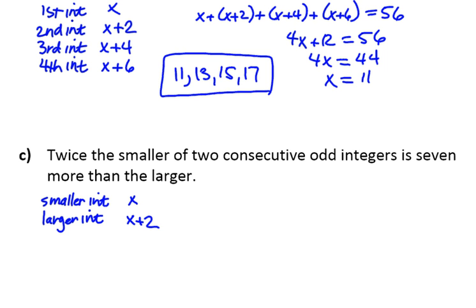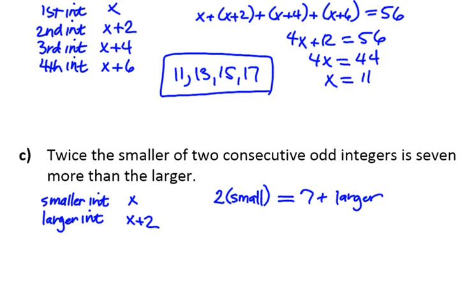All right, so we've got twice the smaller, so 2 times the small, of 2 consecutive odd integers is 7 more than, so 7 plus the larger. So that's our plan, so let's fill it in.